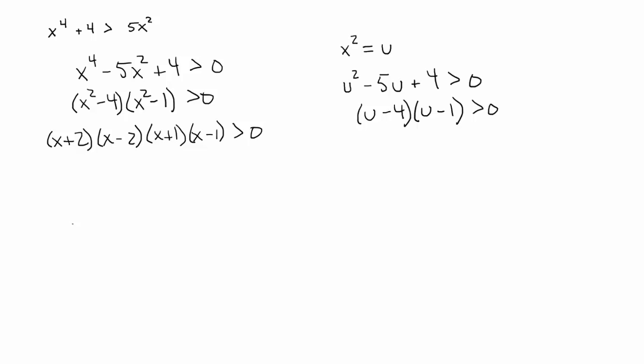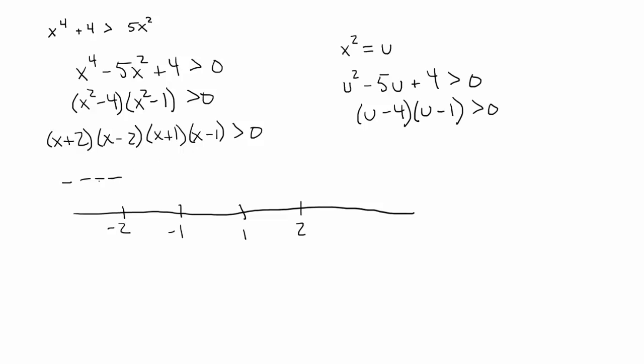So we're going to have a lot of intervals here because we have zeros at plus and minus 1 and plus and minus 2. So we have, I'm going to draw this big, -2, -1, 1, and 2. So now, if I choose -3, I have negative, and -3 minus 2 is another negative, and negative again, and another negative.